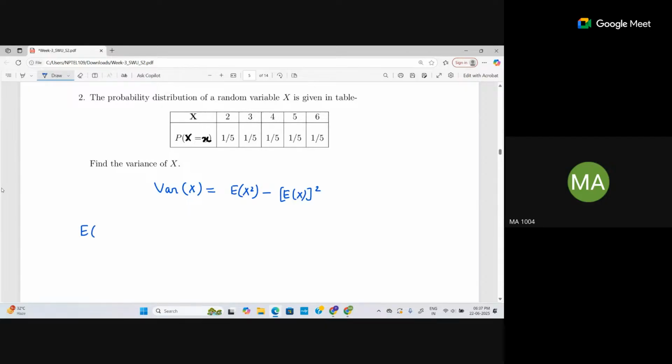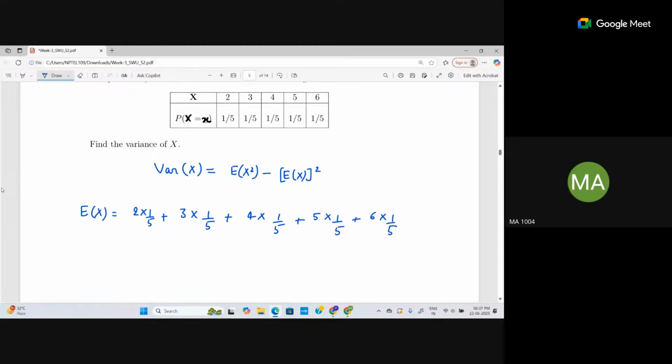The expectation of x is 2 into 1 by 5 plus 3 into 1 by 5 plus 4 into 1 by 5 plus 5 into 1 by 5 plus 6 into 1 by 5. So it will be 2 plus 3 plus 4 plus 5 plus 6 divided by 5.